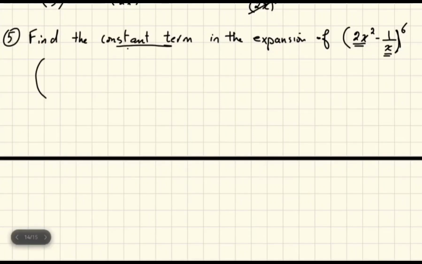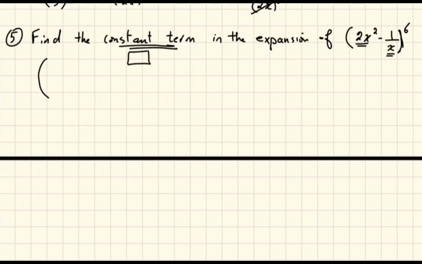Now, in this case, constant term means a box, just a number. But when I say constant term, which is only a number, it means it's multiplied by x exponent 0, which is equal to 1. So I need to know this. Now, nCk, a exponent n minus k, b exponent k, I know it's going to be a box times x exponent 0, because x exponent 0 is equal to 1, and this will give me a constant term.